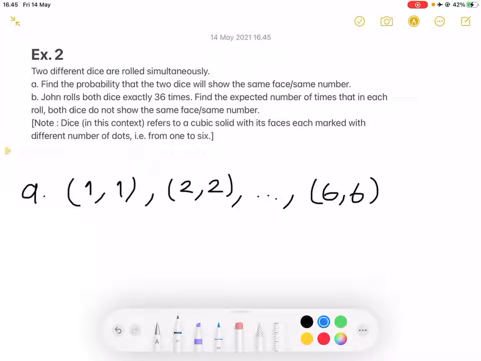And we're writing this in ordered pairs such that the first input right here will show dice A and second input would show dice B. So here we have 6 different ways or possibilities.